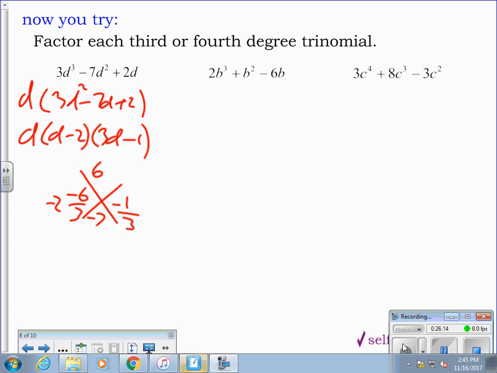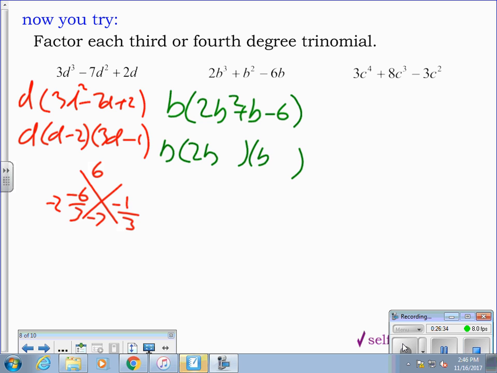Can't quite do that one in my head. Next one, the penultimate problem. b times 2b squared plus b minus 6. So I have b, 2b plus... b plus 2, 2b minus 3.